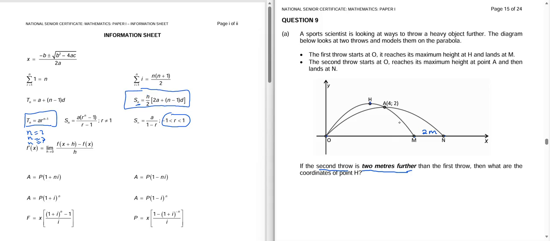Now, we know information about the second throw because it has a turning point, right? And what else do we know? We know that the movement is of a parabola. What theory do we know that combines a turning point and a parabola, right?